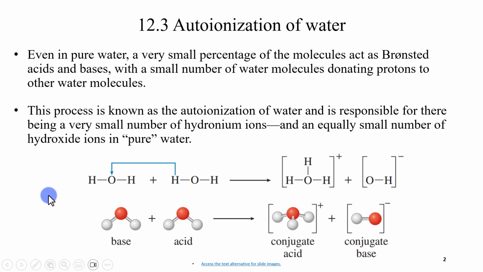And there's always a little bit of hydronium ions. So this is a hydronium ion, 3 hydrogens bonded to the oxygen with a positive sign. So hydronium ion and a hydroxide ion. These in pure water exist in equal numbers, albeit very small.